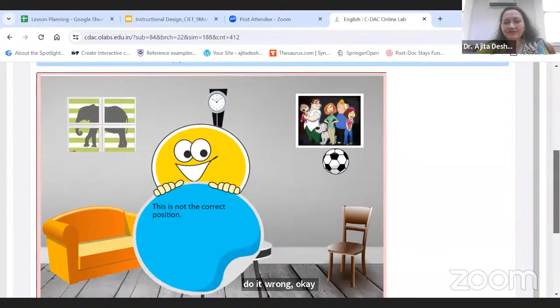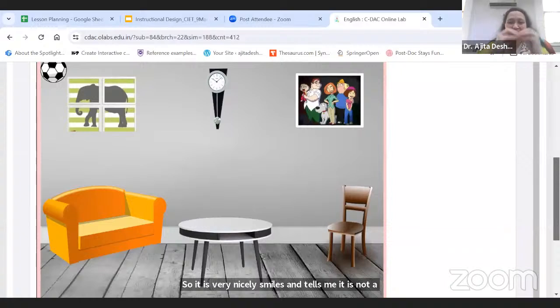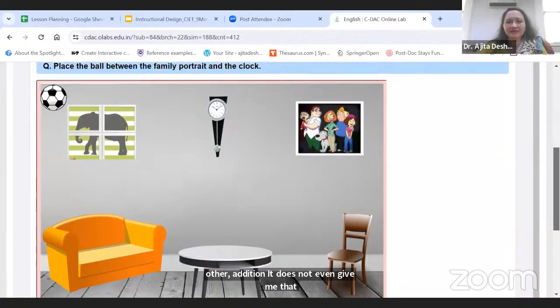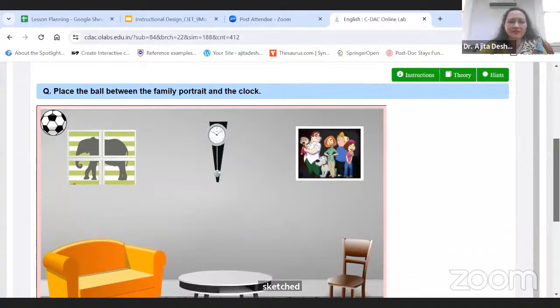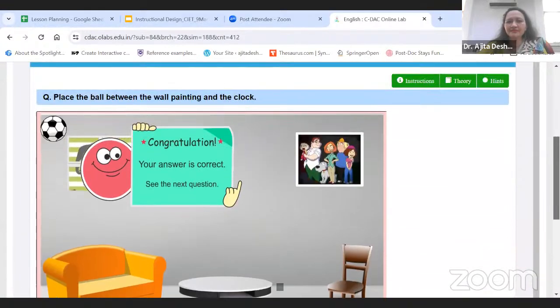So it very nicely smiles and tells me it is not a correct position. It does not even give me that sad face or something like that where I will feel scared. Okay, so what is it asking? It is telling me to place the ball between the family portrait and the clock. Okay, take it. So yes, my answer is correct.